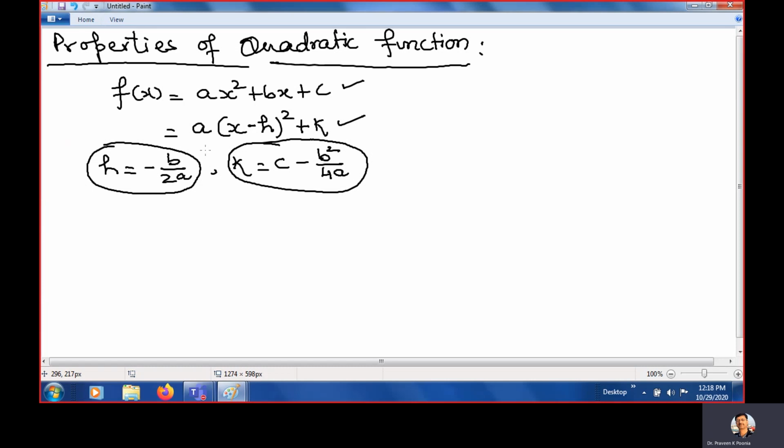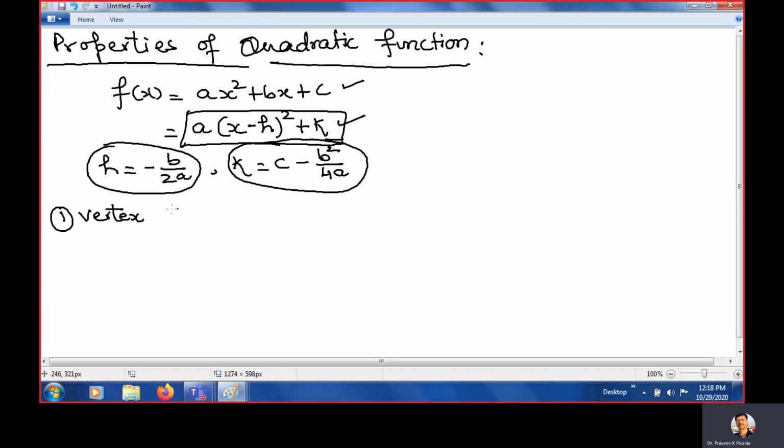All quadratic functions we are reducing in this form, clear? But to reduce the function into this form, you must find h and k. Without evaluating them, we cannot do it. Clear? Now there are some important properties. What does property number one come as? Property number one is the vertex.